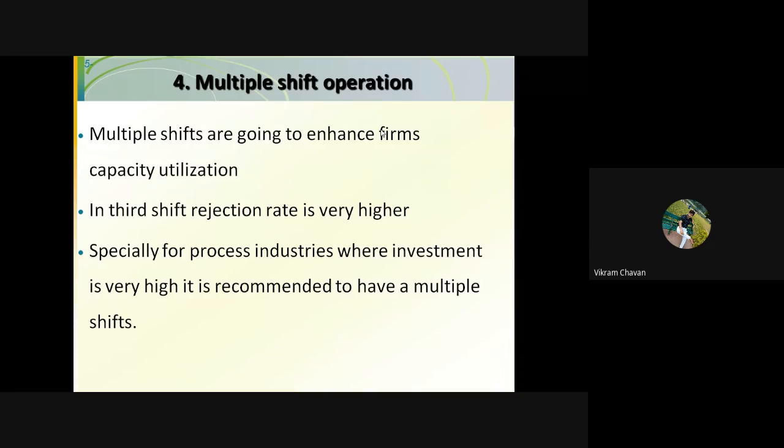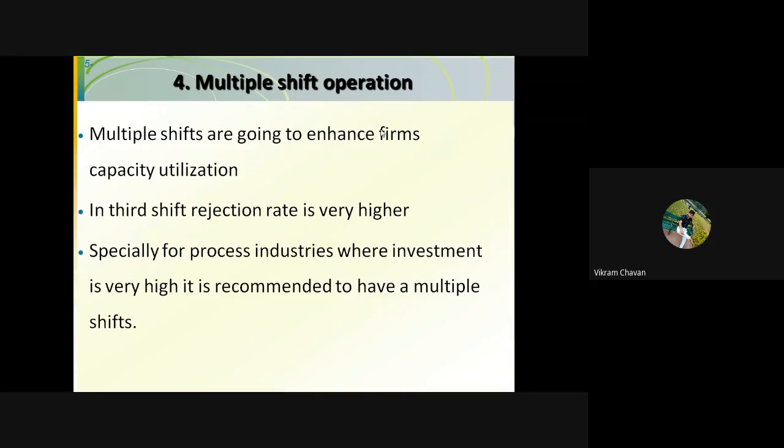And if the rejection increases in a shift operation, that will affect the output. It will also consume resources, time and money, so it will affect the overall performance of the company. So multiple shift operation is useful for the company, and there are also some side effects.